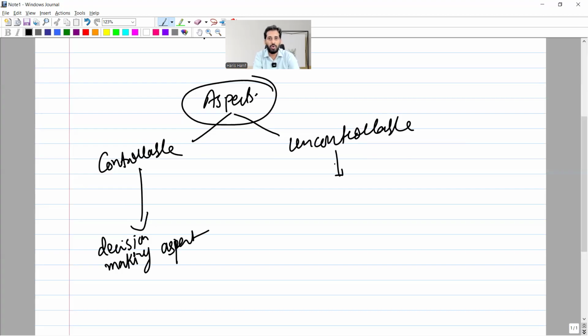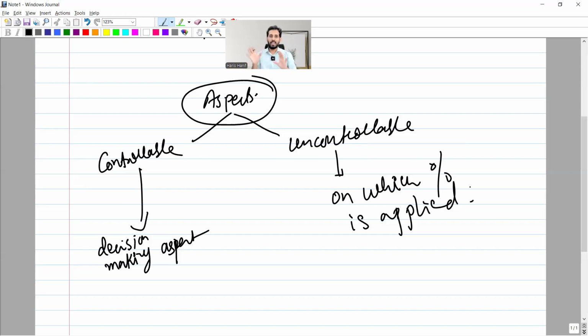And what is uncontrollable? It is that factor on which probability is applied. That is a very simple point to identify from the given case study, right? So let's first identify the controllable factor and the uncontrollable factor from this given case study, and then we're going to solve this question, right?